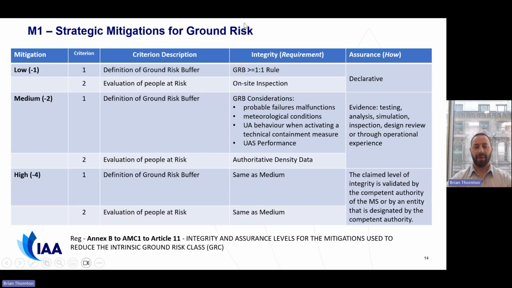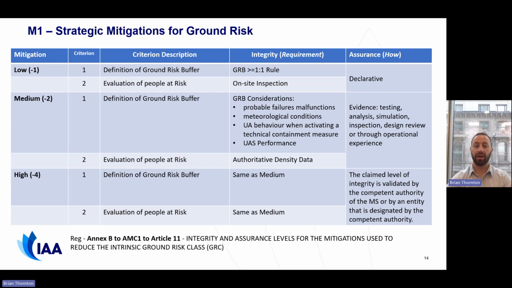So from the regulation, we have developed this table to kind of encapsulate the different types of mitigation, the robustness, meaning is it low, medium, or high, and where it applies. For low mitigation, you can see the description criterion, integrity, and the assurance.